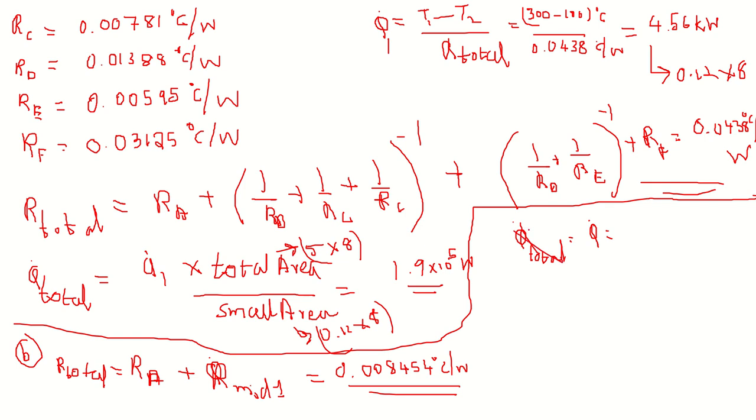So we'll take Q dot 1, because we are taking that cross section at that point B to get the temperature. So T1 minus T over R total, the one we found right now.